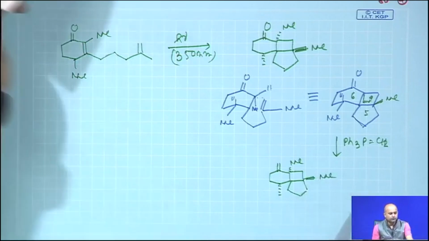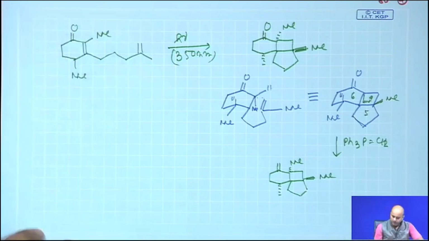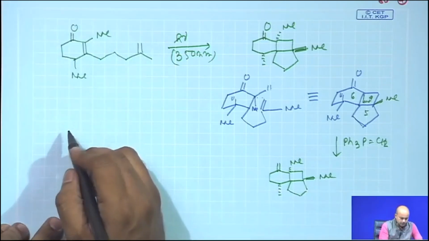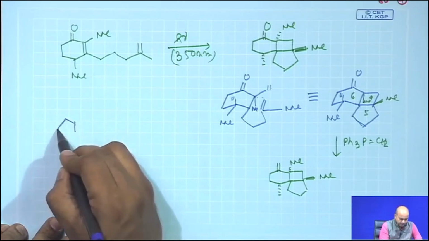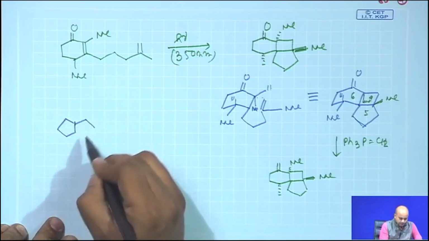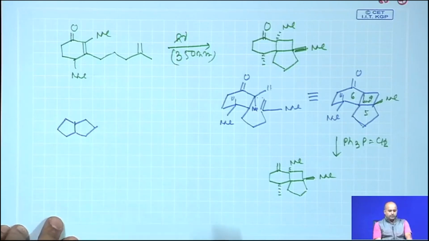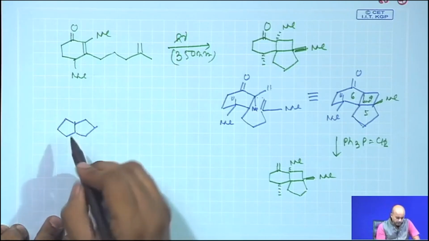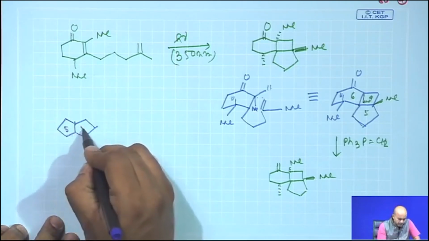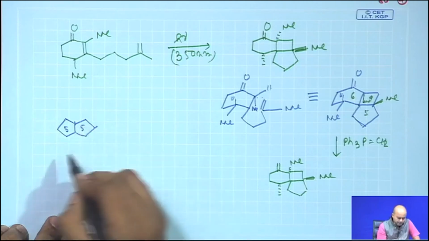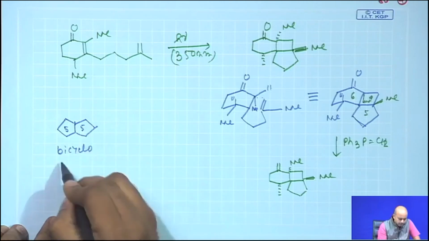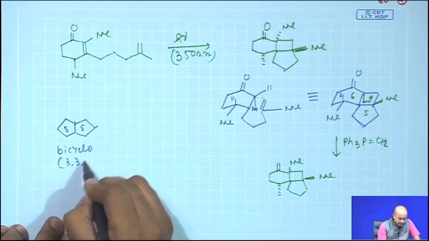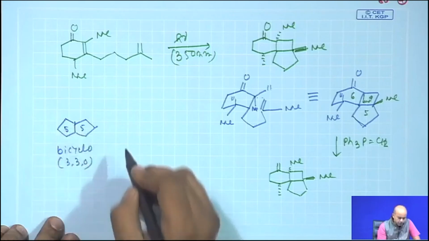Now, before the final step of this reaction, I will try to give you another thing. If you see the target molecule, we have a 5-membered ring in a linear fashion. So, this structure has a bicyclo 3.3.0 topology.